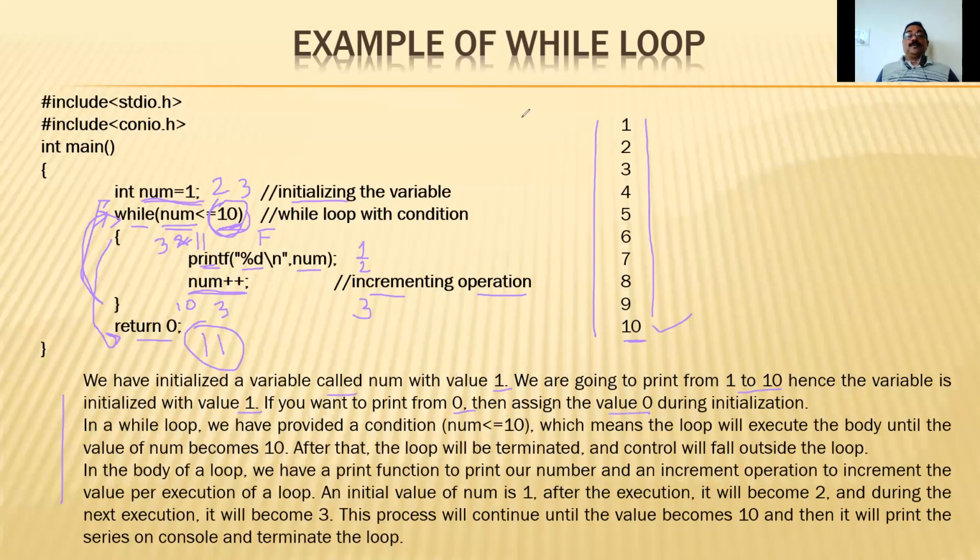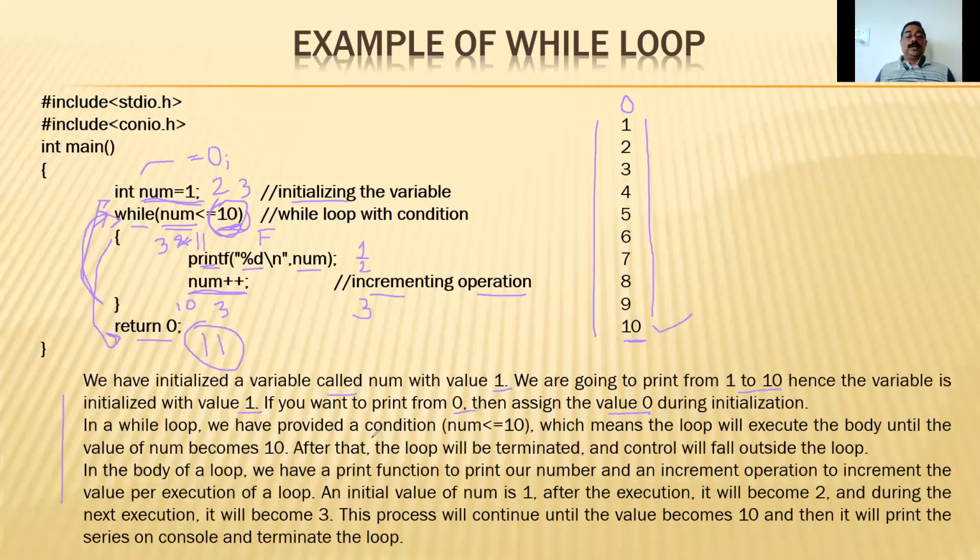If you want from 0 to 10, you have to set num equal to 0. And then, very important, if you are using num equal to 0, then 0 will get printed in the output.